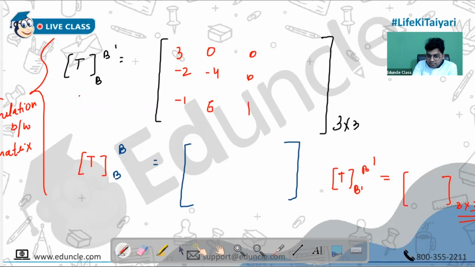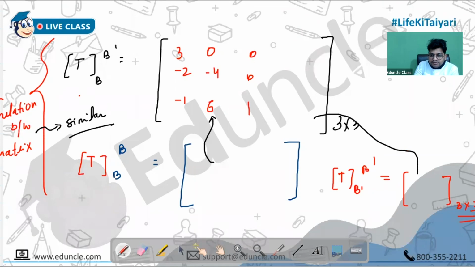I will explain this more tomorrow, you don't have the time. These matrices are similar. See, this matrix is similar to this and this is similar to this. Why similar? Because if you take any basis you will have a matrix, and that matrix has eigenvalues. If the matrix is not similar, then the eigenvalues will not be the same.